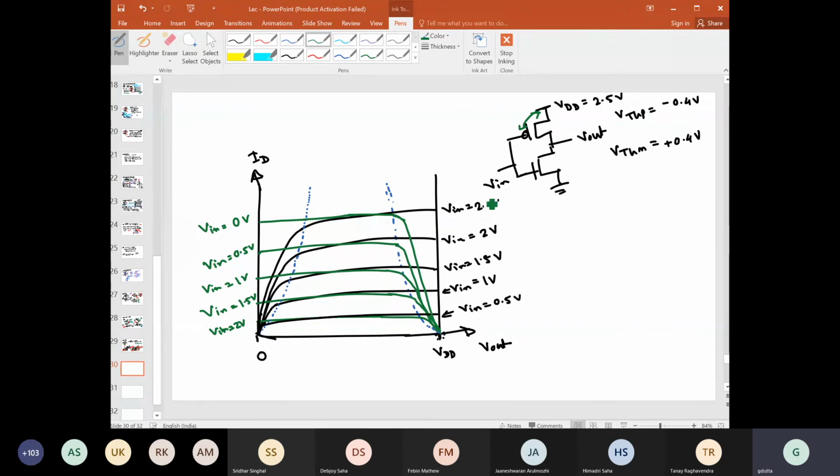Now when you make V in 2.5, V SG becomes equal to 0. That means this transistor is now off. This transistor is off means you are getting a plot like this, isn't it? So this is V in equal to 2.5 volt, right?